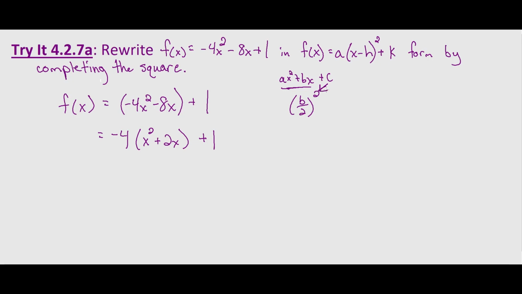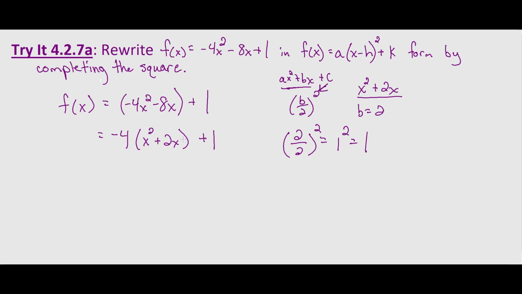B divided by 2 squared. So in this case, with x squared plus 2x, b equals 2. That's the coefficient on x. So we want 2 divided by 2 squared, which equals 1 squared, which equals 1. So that's what we want to add to x squared plus 2x in order to complete the square.